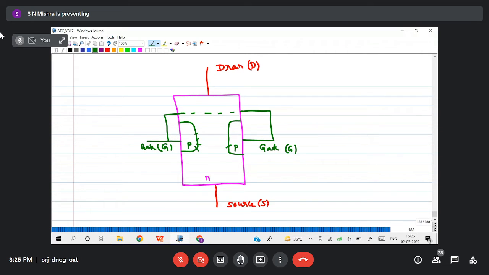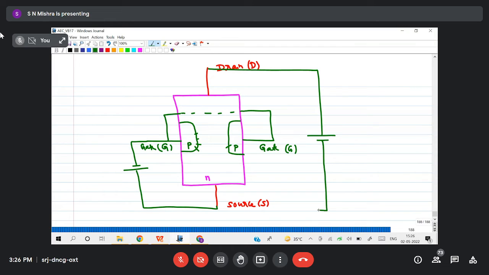Okay. Now if I connect negative voltage to the gate, and I connect positive voltage to the drain through the source, then tell me, is this junction forward biased or reverse biased? Even if I do not connect this VDS, you can see P is connected to negative potential.